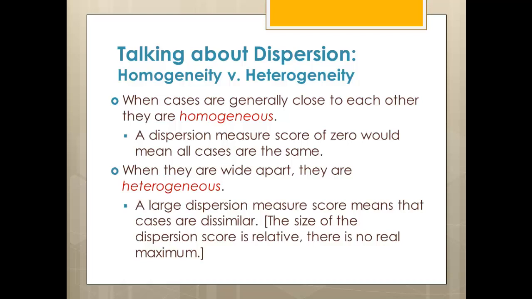And so a dispersion score of 0 indicates that you have a perfectly homogeneous data set, meaning all the data points are the exact same. Everything is exactly consistent. But when you have large distances or large measures of dispersion, the score means that the cases are dissimilar, much more inconsistent, or there is much more diversity in the data points.